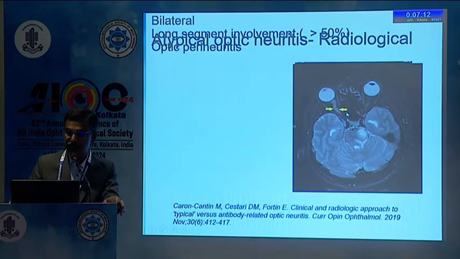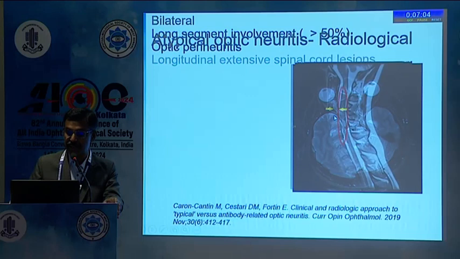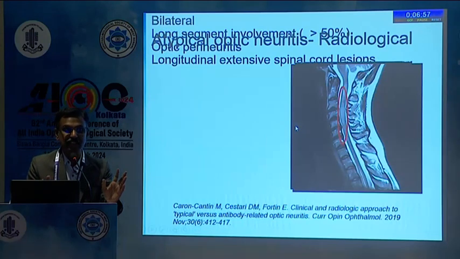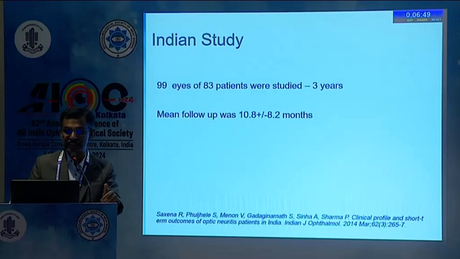More posterior involvement of the optic nerve as seen radiologically. Again points to atypical presentation, or a longitudinal extensive spinal cord involvement. So once we see all these radiological findings, in addition to the clinical findings, we know whether this needs really an extensive workup or not. So we need not do it for every case.